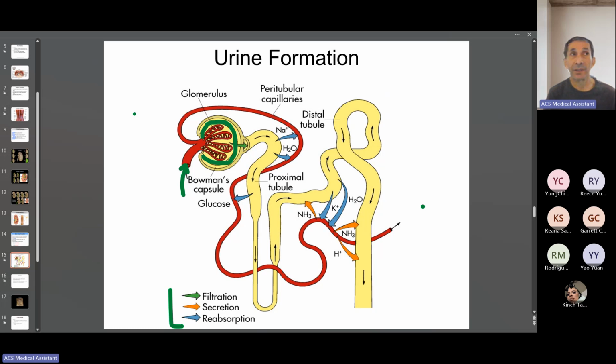Filters remove all the wastes, and clean blood moves through this blood vessel and goes back to the system. And the wastes are filtered through these tubules because they are going to become urine. And then they're going to leave the kidneys and leave the body, and we are going to have urine formation. So that's how it works.